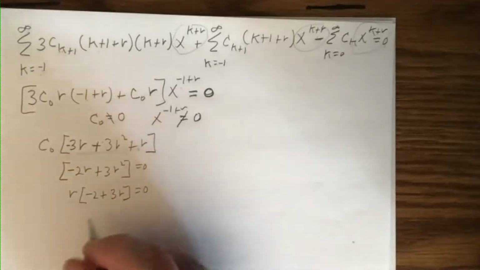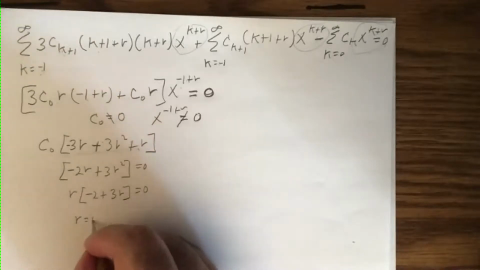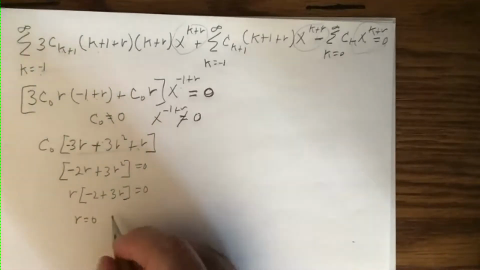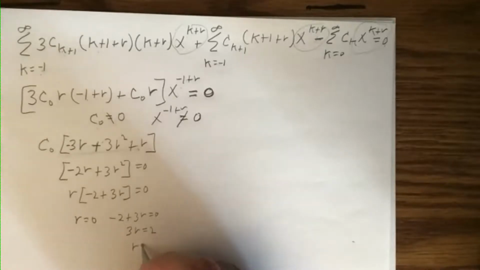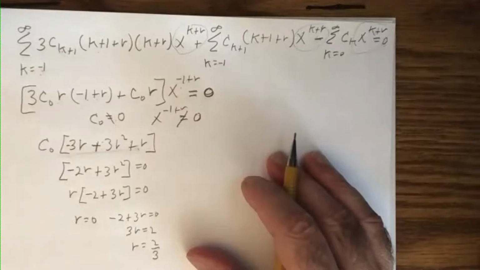So this is telling me that r is equal to 0, and then minus 2 plus 3r is equal to 0. So 3r is equal to 2, so r is equal to 2 over 3. Hopefully that's what I got in my notes. Okay, so now I've got my two values of r.